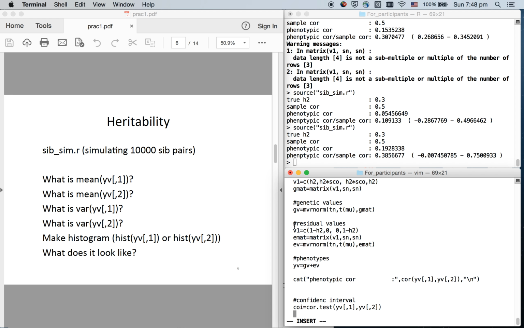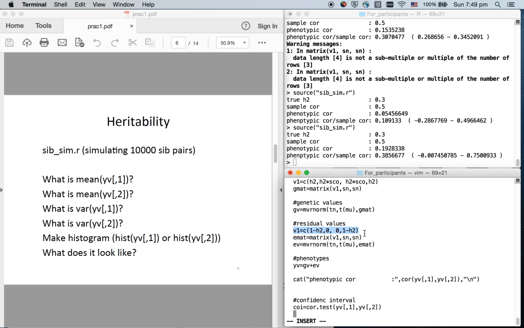Then the residual values. That is 1 minus heritability, right? This is the residual. In this case, phenotypes are standardized, mean 0 and variance 1. For the residuals, these are errors. Errors shouldn't be correlated between sibs, right? That's why this is assigned as 0. And the residual is the same for the first and second DZ twins or full sibs. Now this is the residual structure.